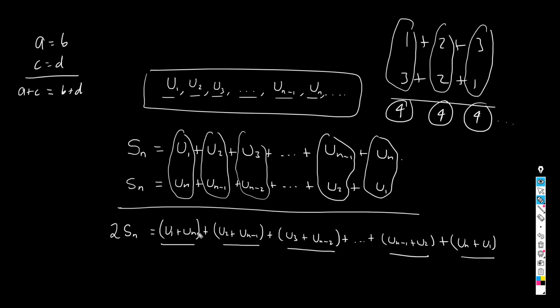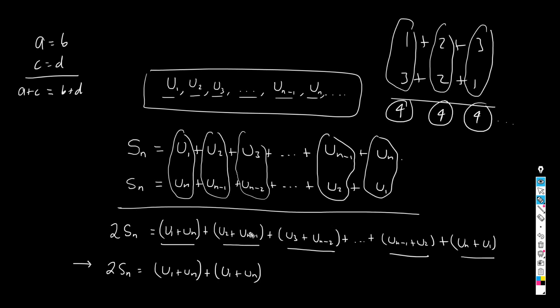Now, if they are all the same, I can do this. I can write 2Sn equals, I can represent them by just this. Look, u1 plus un, plus, I'm gonna stop writing this addition in this way. I'm just gonna call it u1 plus un again.